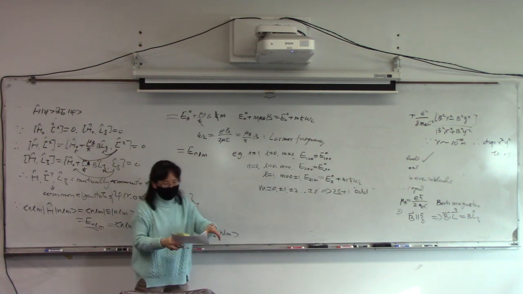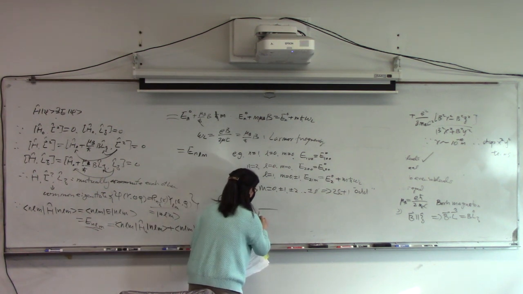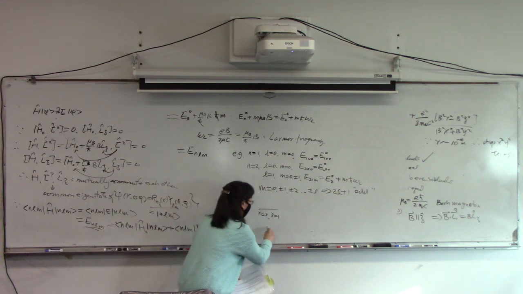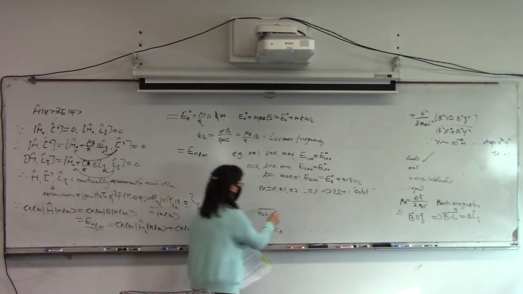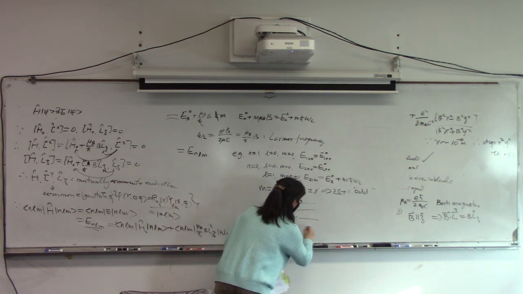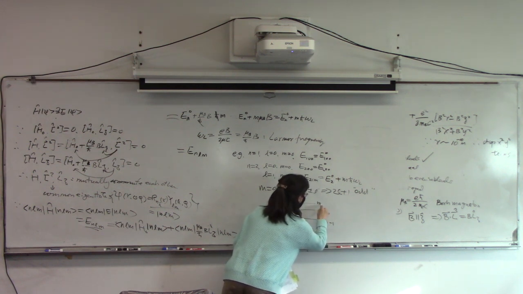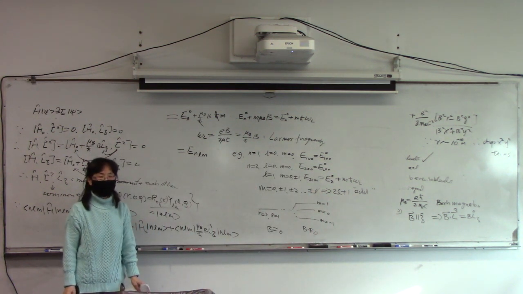That is why we have energy levels. Let's consider this case, right? n equal to 2, l equal to 1. With B equal to 0, only one level. But when B is not equal to 0, we have m equal to minus 1, m equal to 0, m equal to plus 1. Three sublevels.